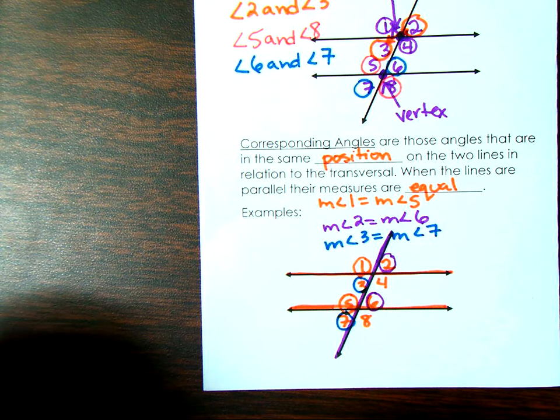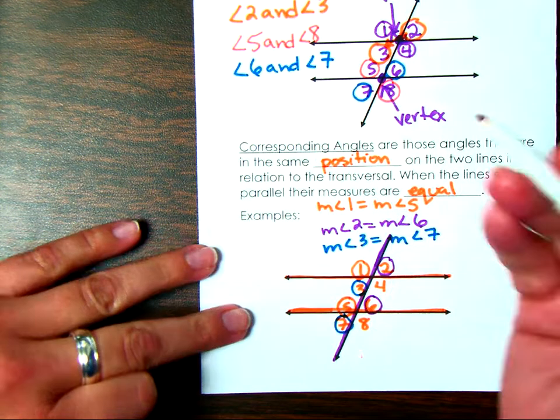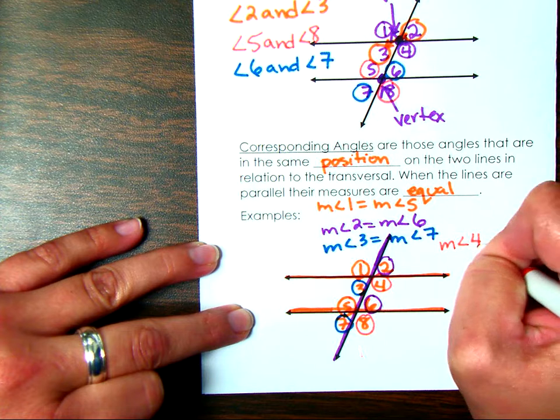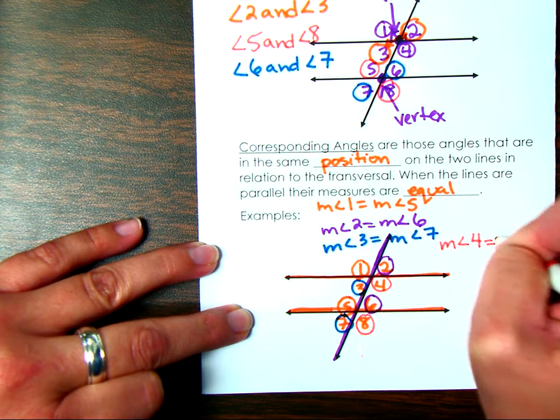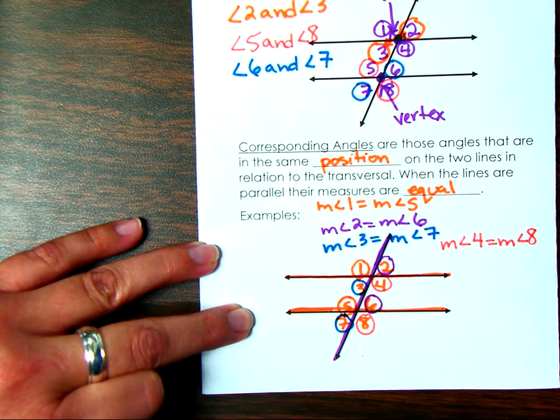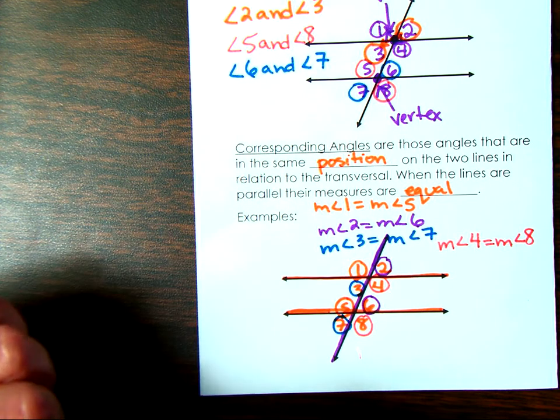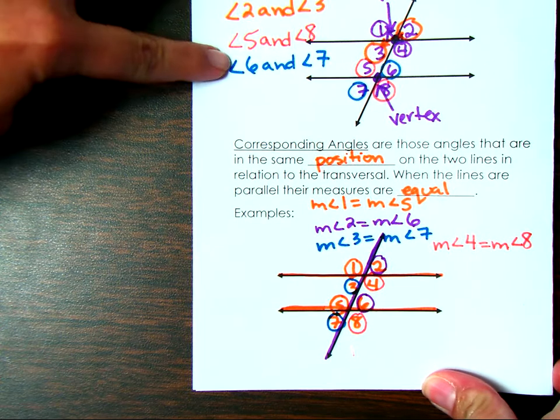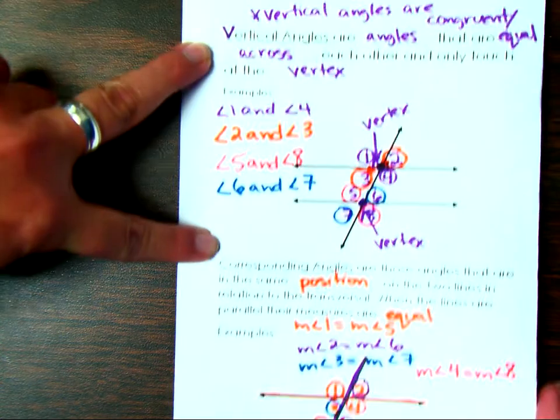They are equal. And last but not least, angle 4 is corresponding with the measure of angle 8. And because corresponding angles are equal, that's how we can set them up. Those are corresponding angles. All right, so we've already learned 2 key terms, vertical angles and corresponding angles.